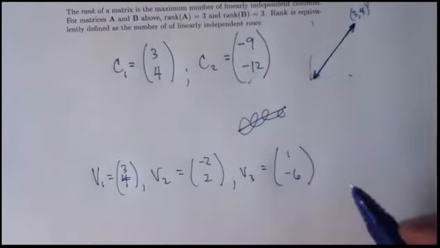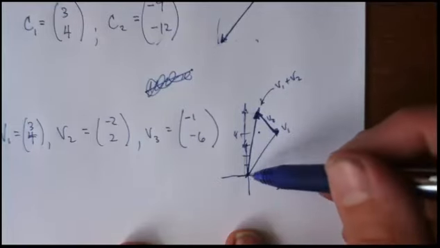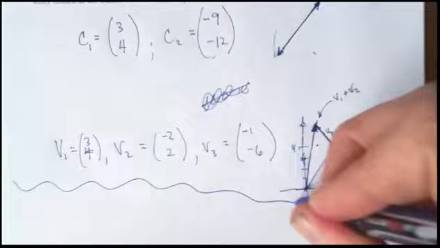But this vector here, if I start at the origin and put my arrowhead there, is V1 plus V2. Now what happens if I add V3? I'm going to go over 1, back 6, and that'll take me back to the origin. So by summing these up, if you just multiply each by 1 and sum up, then you in fact get 0. So these vectors are linearly dependent.